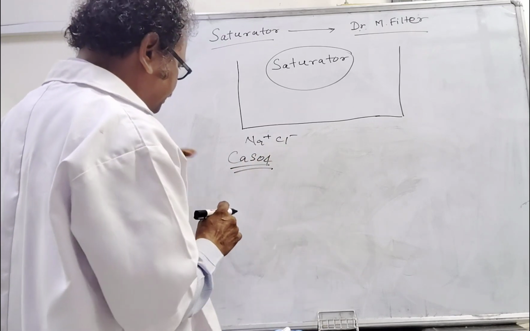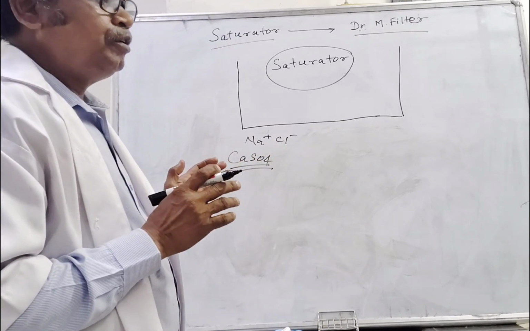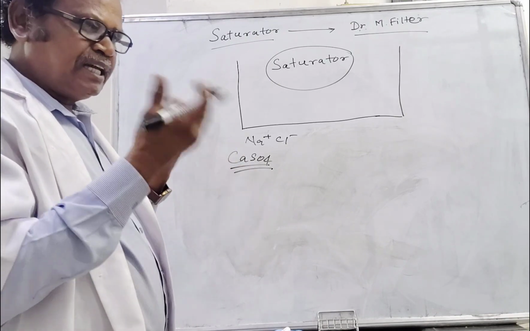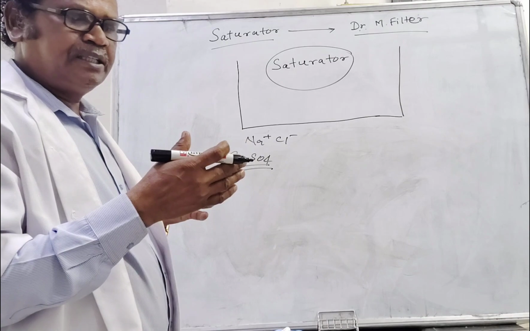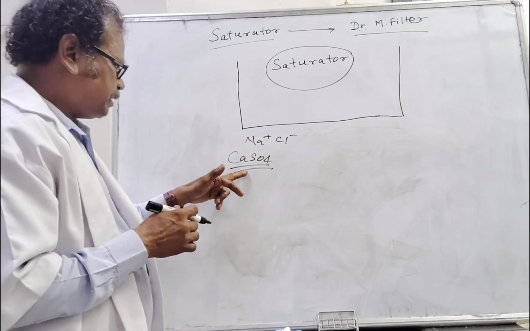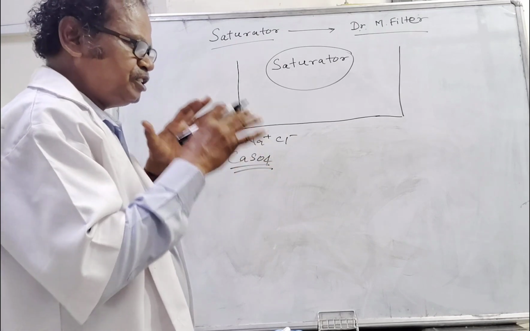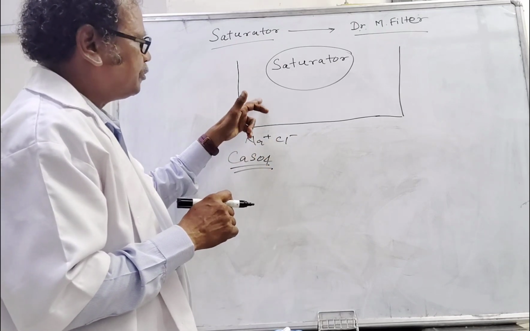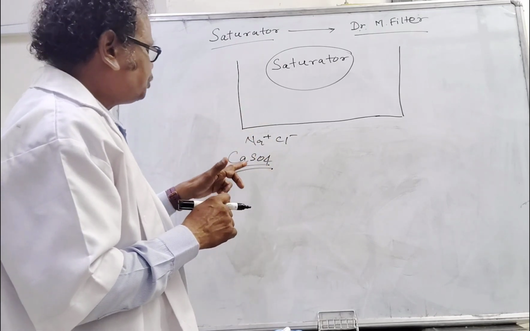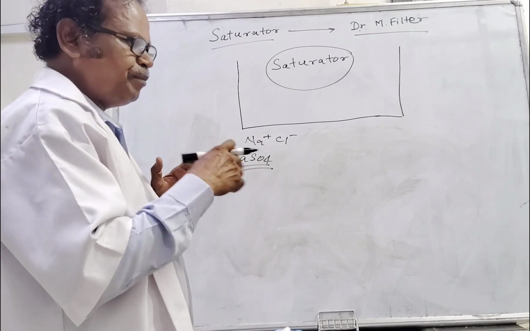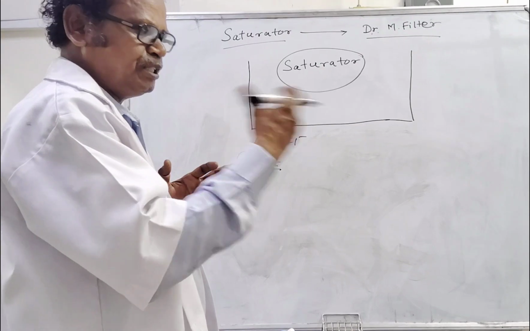Calcium sulfate, we should know that sulfate is present in salt as calcium sulfate, but not as sodium sulfate. When hot brine is charged into the saturator, about 25% of the calcium sulfate of the salt precipitates.